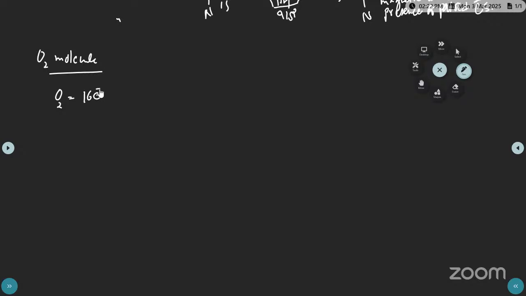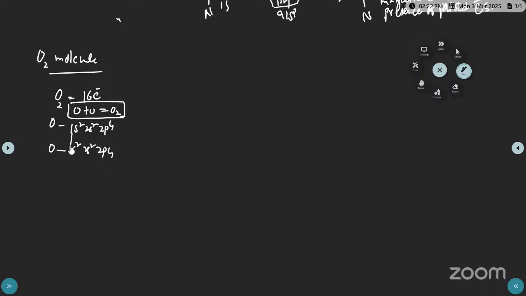16 electrons are present. So the oxygen molecule is formed by the combination of an oxygen atom and an oxygen atom. Each has how many electrons? 8 electrons: 1s2, 2s2, 2p4, and here also 1s2, 2s2, 2p4.